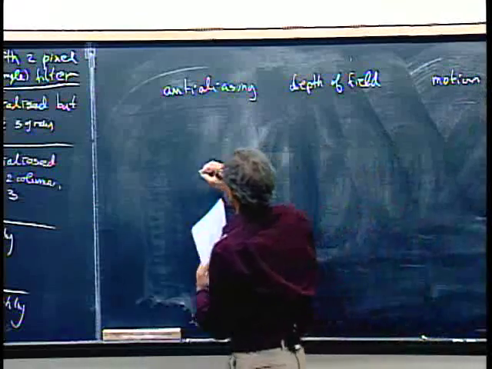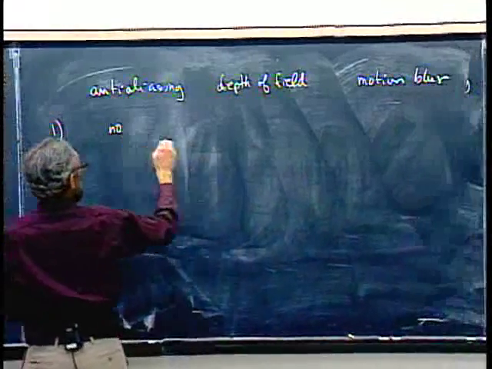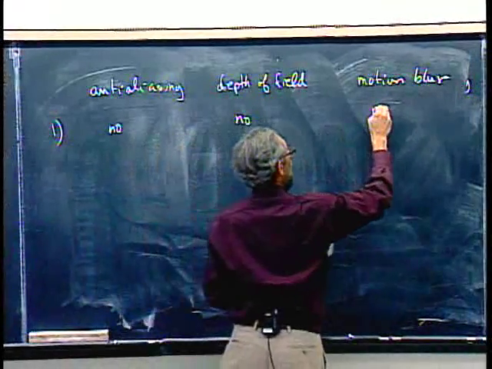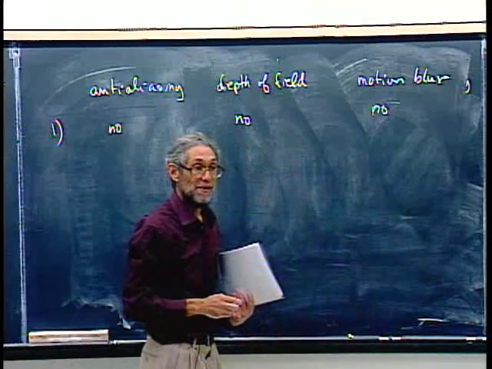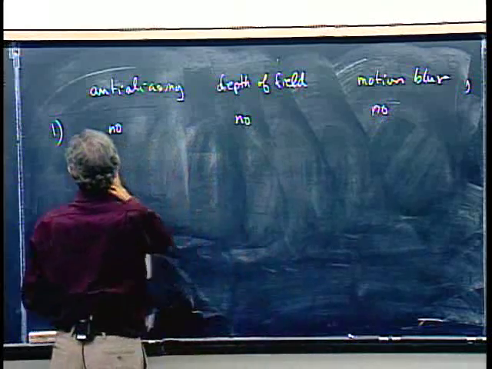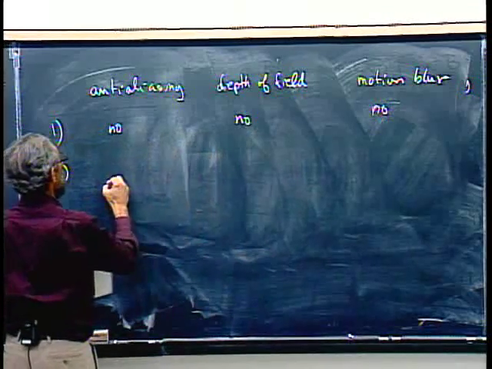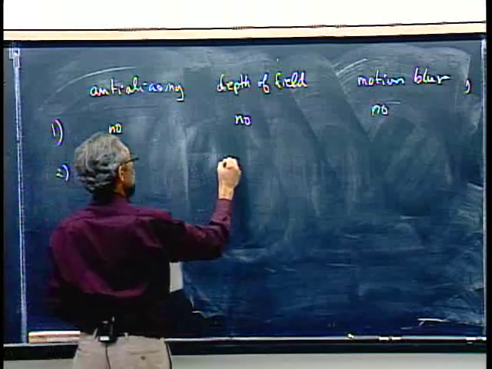So I want one picture with no, which is basically the picture you would have gotten on your first assignment. And then for the second case, I want yes, no.